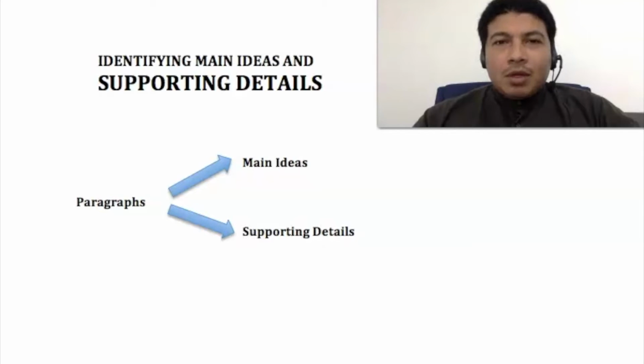Now that we have talked about identifying main ideas, we are going to talk about how to identify supporting details. As we have learned earlier, in a paragraph or in a text, normally we will have a main idea, and then the main idea will be supported by supporting details.